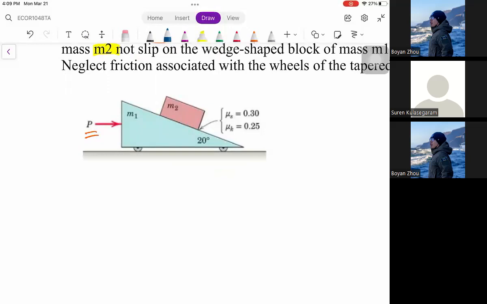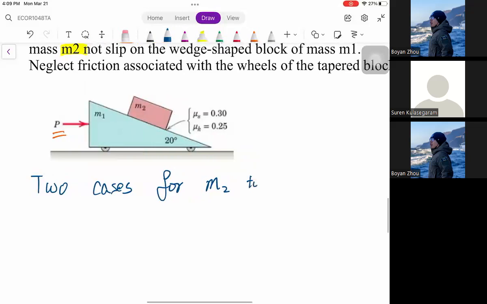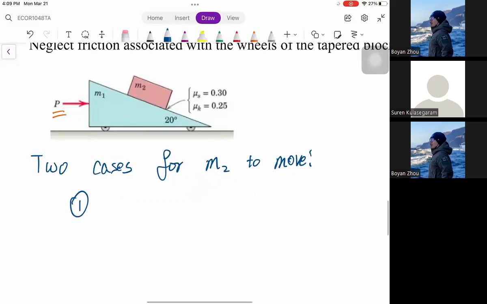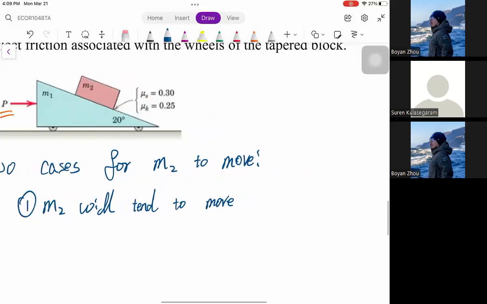So there are two cases for M2 to move. The first case is M2 will tend to slip up, or to move upwards.